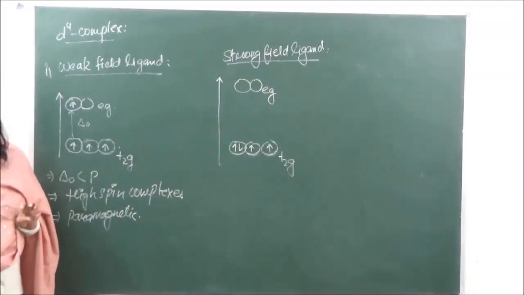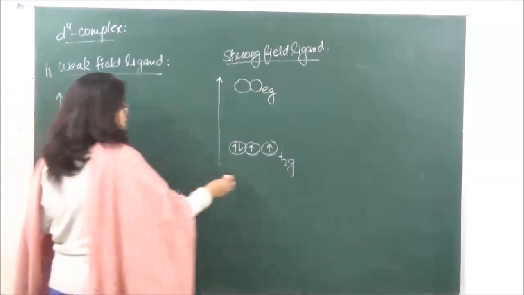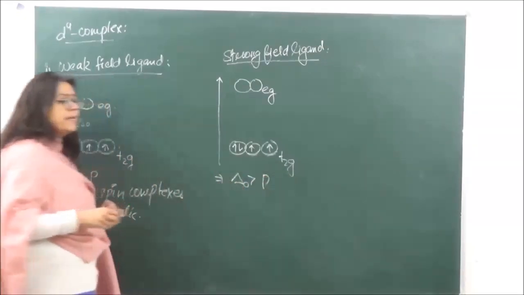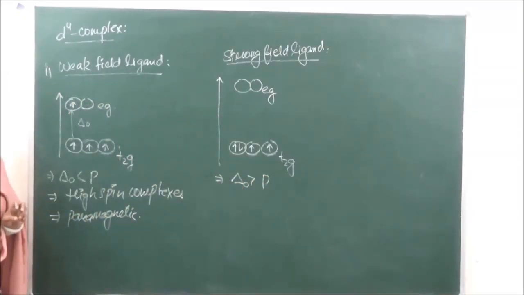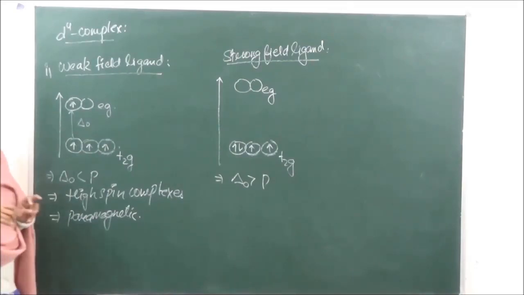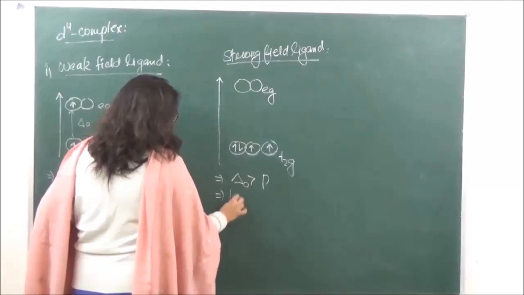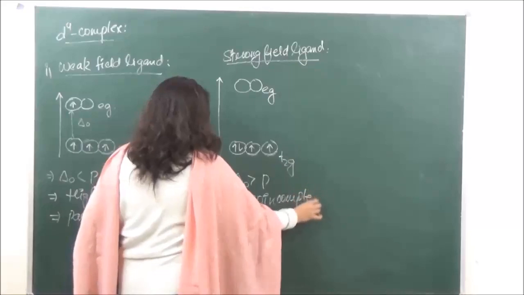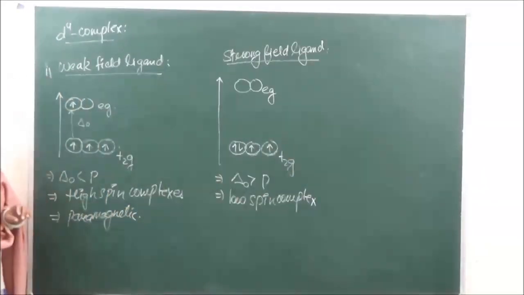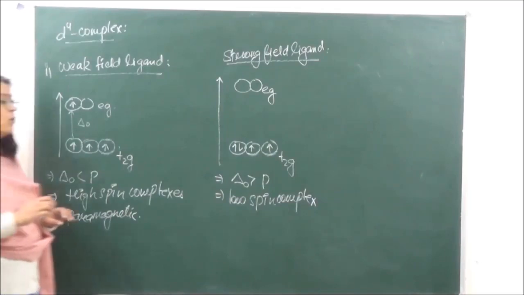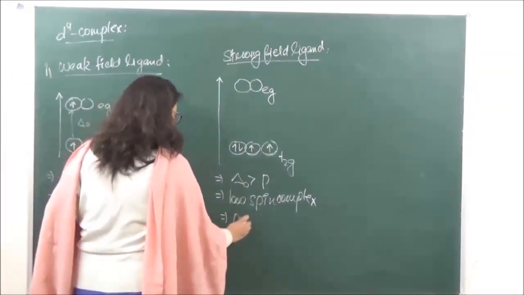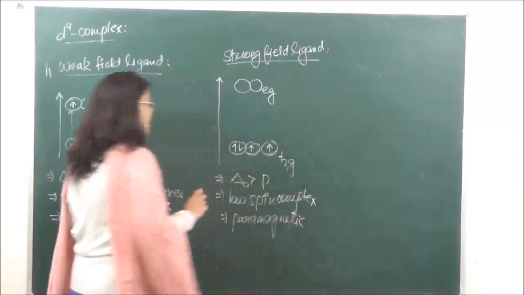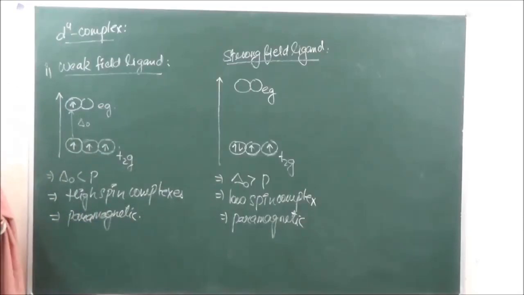Now over here, what is going to happen? The crystal field splitting energy is going to be greater than pairing energy, therefore pairing is going to take place over here. This is going to form a low spin complex, and of course it is going to be paramagnetic with 2 unpaired electrons.